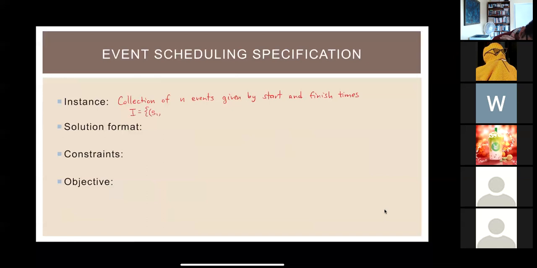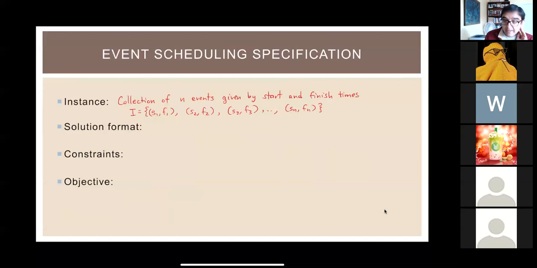We'll say the start time of the first event and the finish time, the start time of the second event and finish time, the start time of the third event and finish time, and so on, all the way to the nth event. Okay, so our inputs consist of these n intervals.